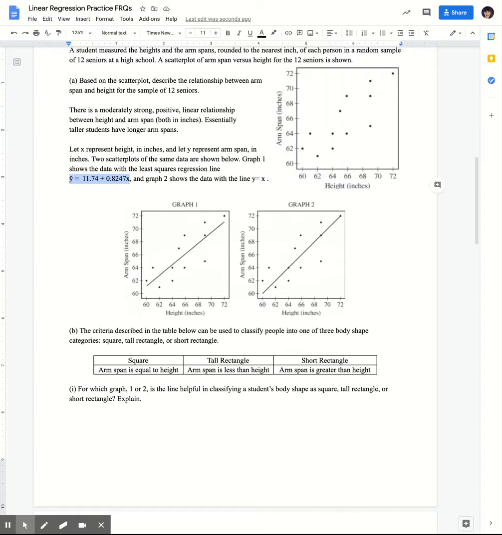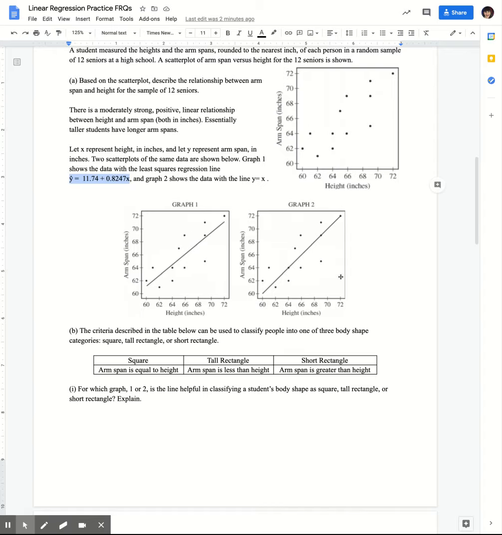Because it doesn't give us a clear indication of just looking at the data points, which person has a longer arm span than their height, and a person who has an arm span that's equal to their height. You would have to look at each individual data point and analyze it from there, right?